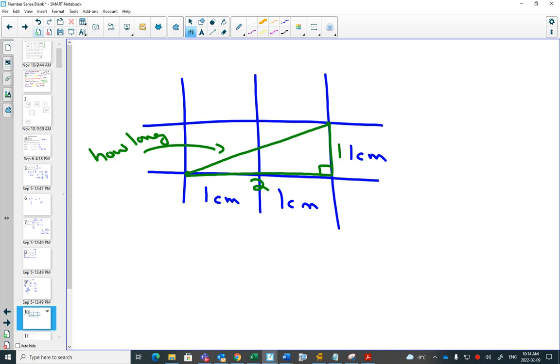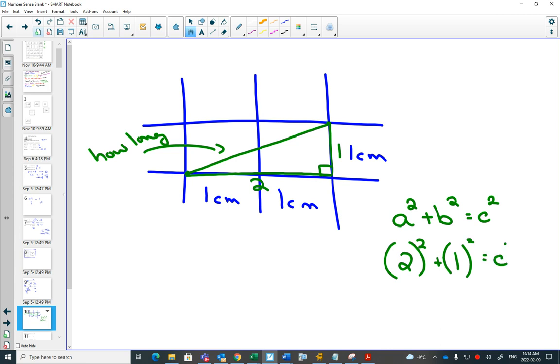So it would just be a tiny square. a squared plus b squared equals c squared. So what's c equal to? What do you have to do? What's the opposite of squaring? Which is an irrational number that goes on forever.